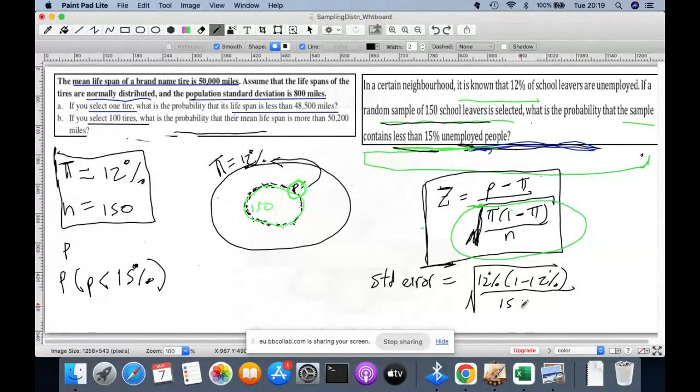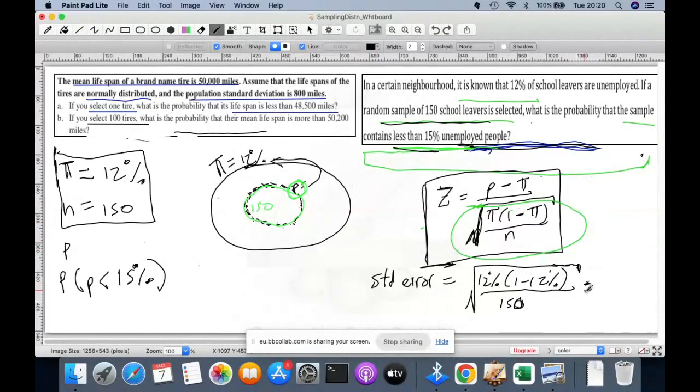Can you work that out on your calculator? I'd like you to do it so it's also practice on your calculator. You can see if you're getting it right or wrong and whether you're using the square root sign properly. Get your value out and write it in the chat, and I'll tell you whether you're on the right track. So work this out for me.